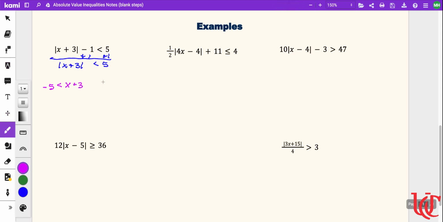And then the other one is going to be an x plus 3. This sometimes makes my answers easier to see of how I want to answer them for the inequality answers. So then subtract 3, subtract 3. I'm still solving them. I'm going to do them all together when we're doing it. So I have -8 is less than x, and then x is less than 2.